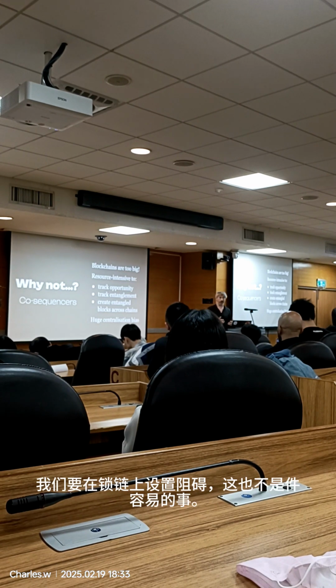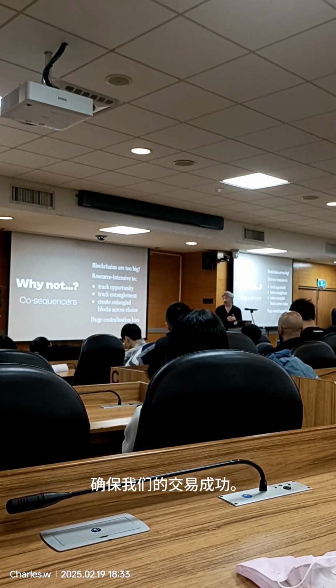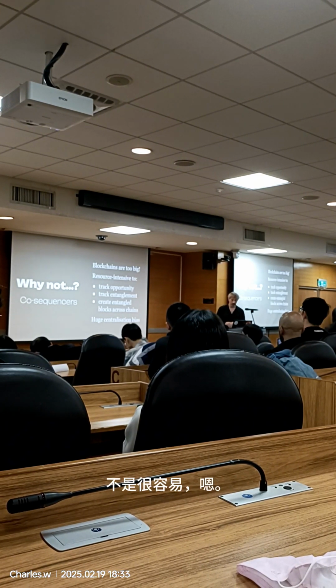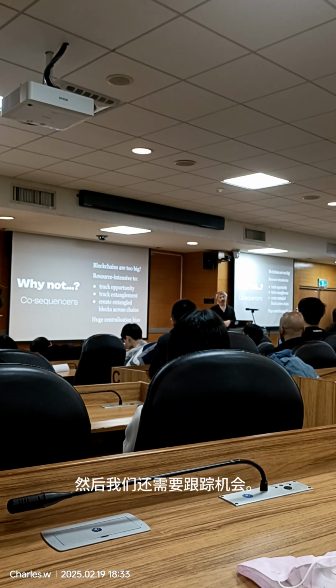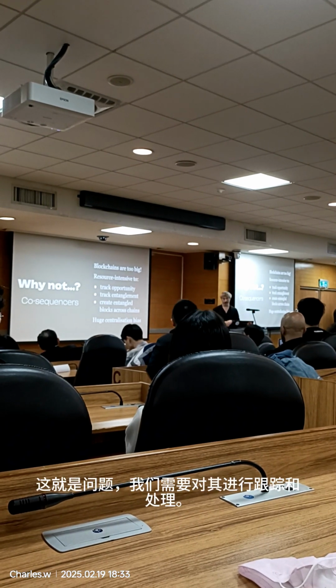Creating entangled blocks across chains is no easy thing either. We have to essentially make sure that our transactions get in at all. Not so easy. And then we also have to track the opportunities for entanglement.